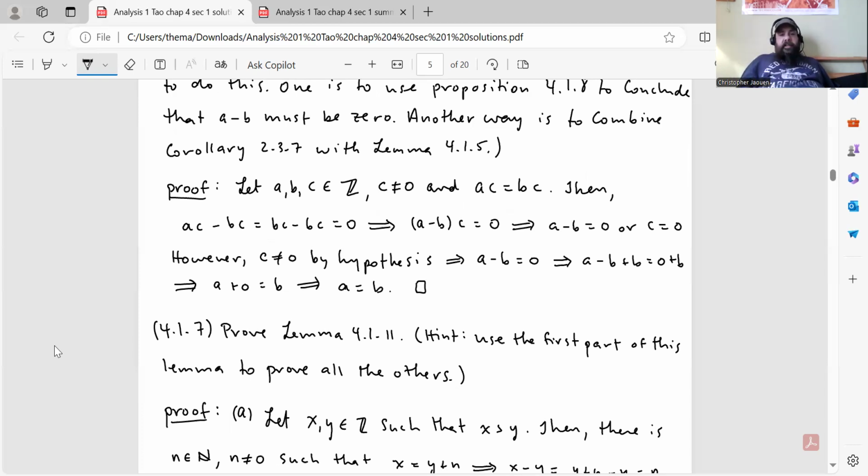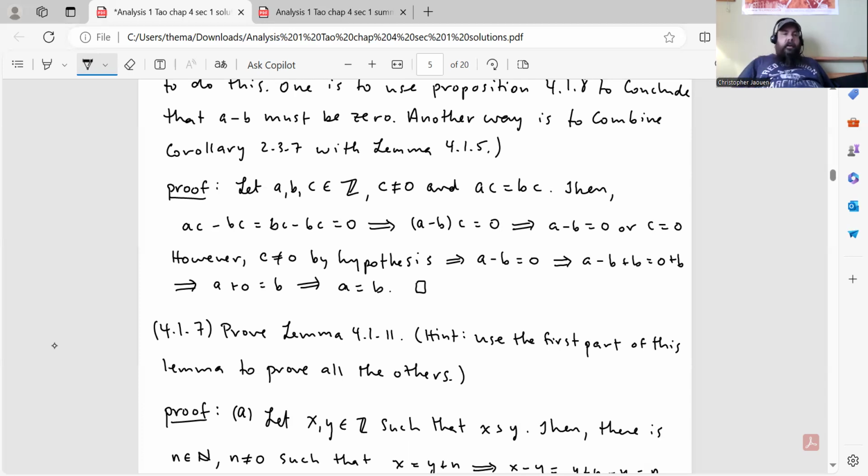Then ac minus bc is equal to bc minus bc, which is 0, which implies a minus, sorry, there's a typo here. Sorry, let me fix this. It should be ac here. Oh, I'm sorry. No, this is okay because our hypothesis was that ac equals bc. So that equals 0. Sorry, that works.